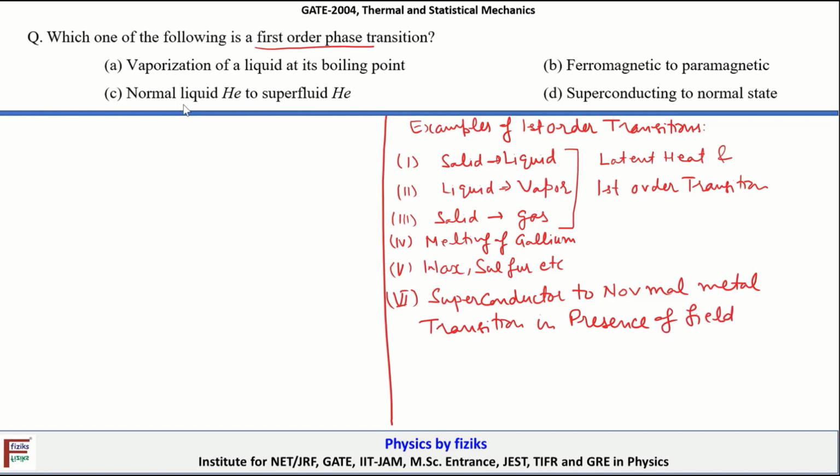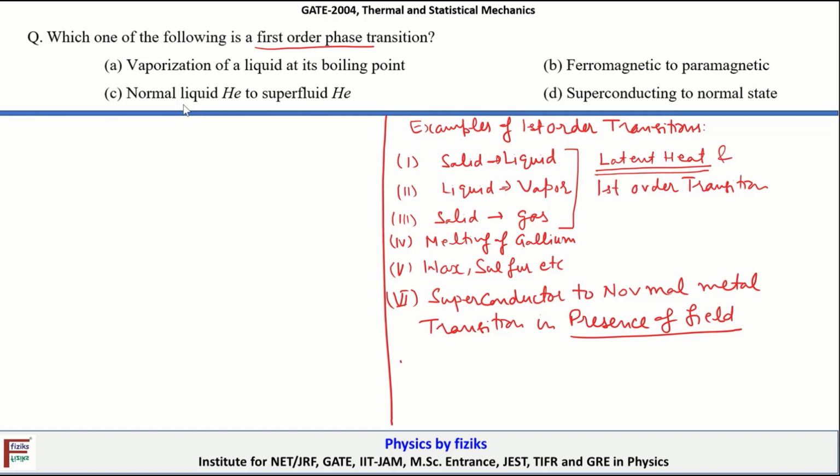It's important to note this point, in presence of field. It's an example of a first order transition. Okay, so the general criterion for the validity of a first order transition is that there should be a latent heat. So any transition that involves latent heat is always a first order transition.